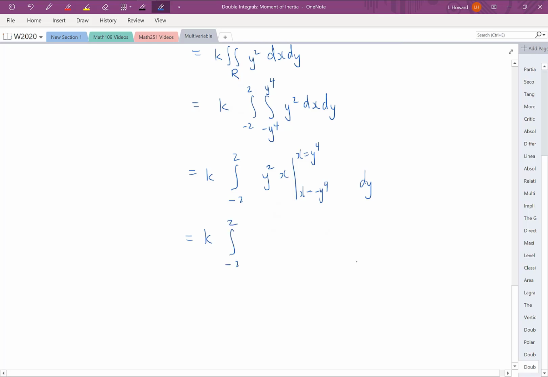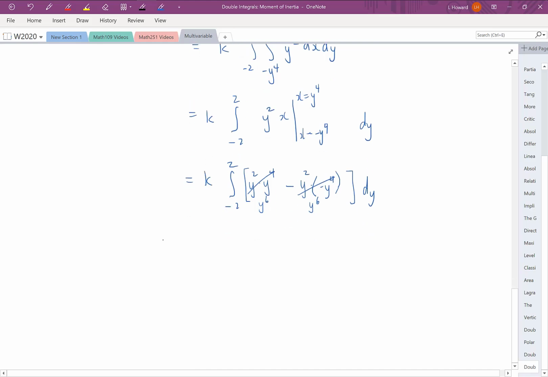K times our integral. We've still got our dy at the back. Subbing in our x values, we'd have y squared times y to the fourth. So we're subtracting off y squared times negative y to the fourth. Okay, so let's clean this up. We've got y to the sixth plus another y to the sixth gives us 2y to the sixth.